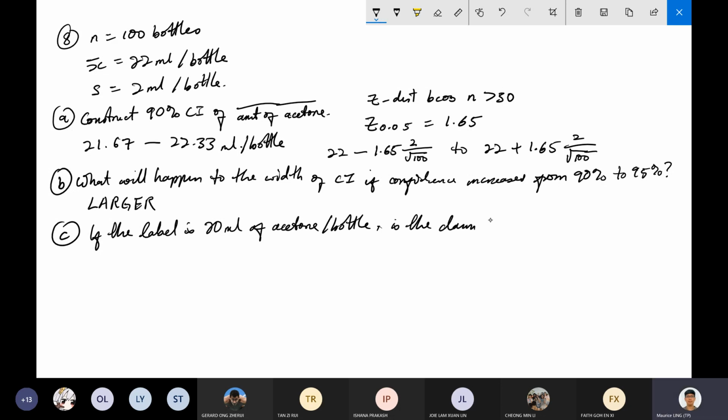That means, is it actually 20 ml per bottle? Based on 90% confidence interval. So yes or no first?